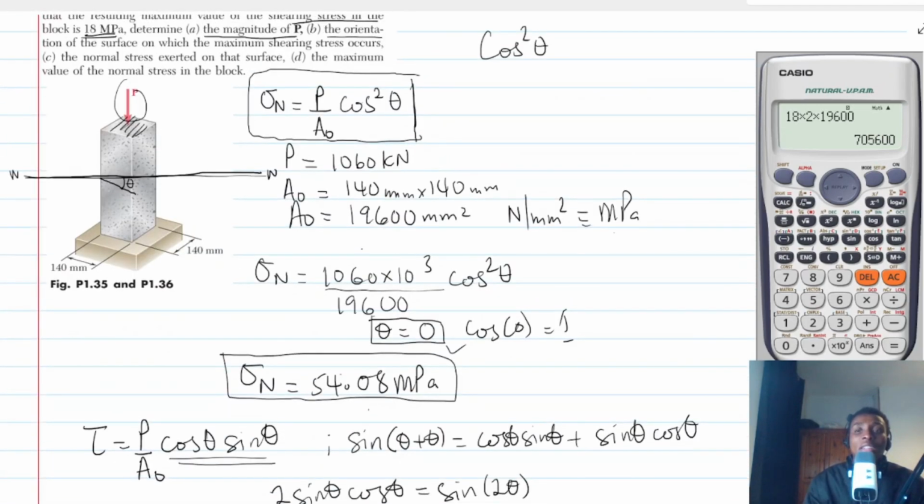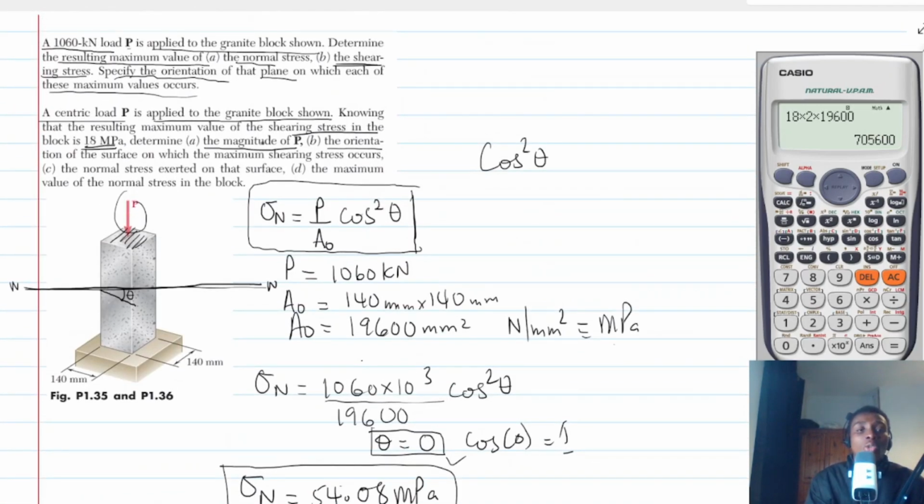And then the next part says that we should find the orientation of the surface on which the maximum shearing stress occurs. Oh, so that is 45. We don't really need to solve it. That is the theta. Theta is 45. That is all. And then we should go ahead and calculate the normal stress on that surface.